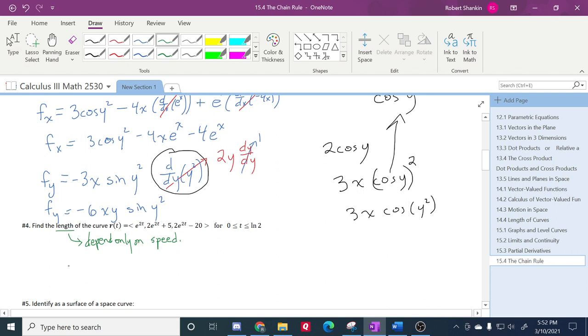If we take r prime of t, that's going to be the velocity. We take the magnitude of that vector, we get the speed. And the formula is the integral from one time to another time.